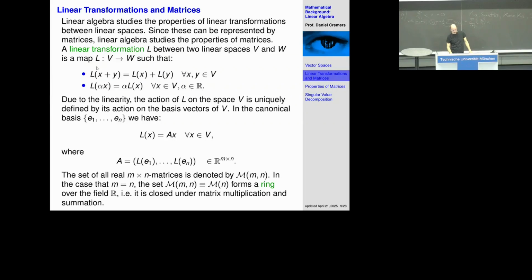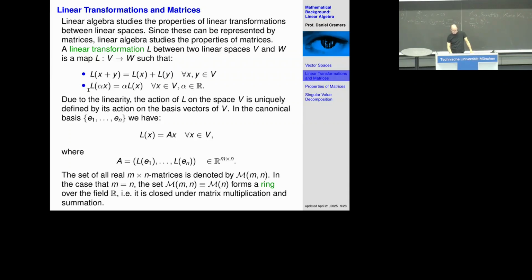First of all, it has to be compatible with summation. So whether I sum the vectors in the input space and then transform with L, or I first transform and then sum in the output space, I should get the same for any two vectors x and y. That is one property necessary for L being linear.